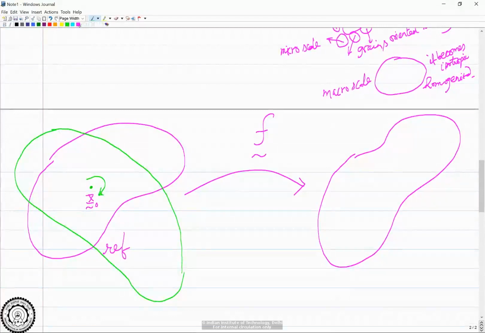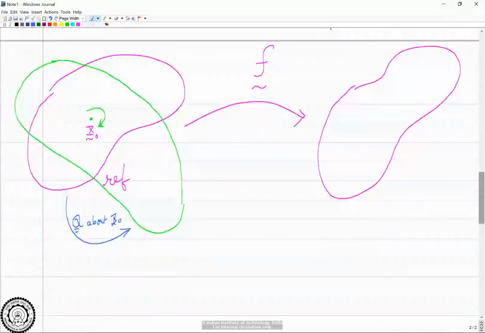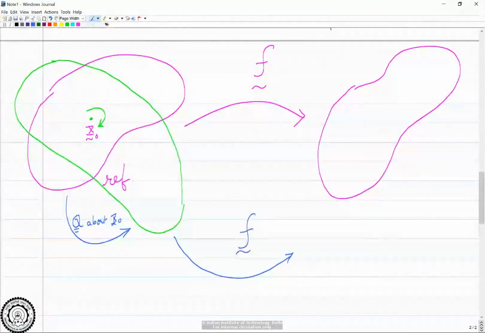So in going from here to the green configuration, you do rotation Q about x naught. Okay, and since it is rotation about x naught, the point x naught remains at the same location. And then you apply the same deformation map as earlier, which is that small f.